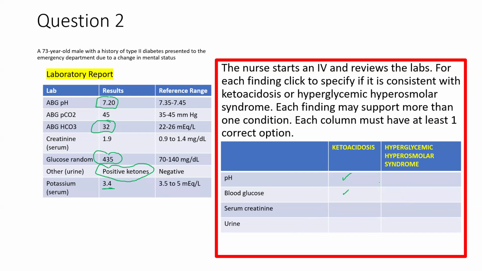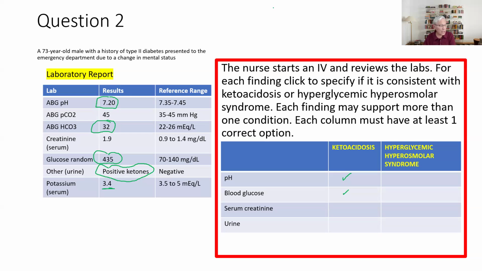All right. Yes. And the serum creatinine, all right, 1.9. What does serum creatinine point to you? Renal failure, renal problems. Or dehydration. Remember, BUN and creatinine reflect kidney function and hydration status. So if this is going to be high, it's likely because of dehydration.